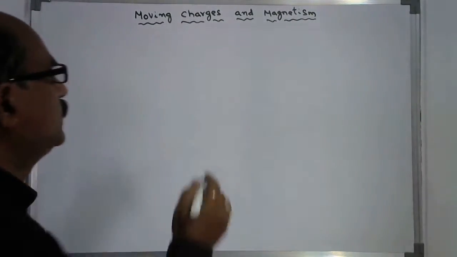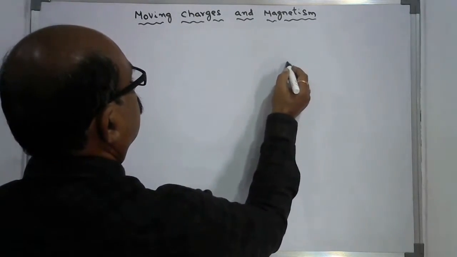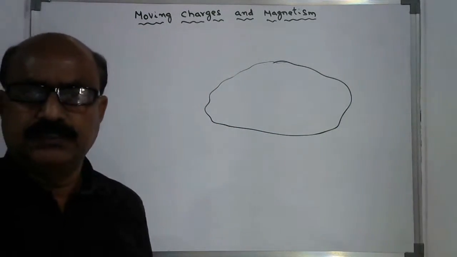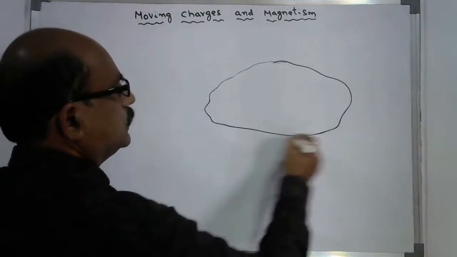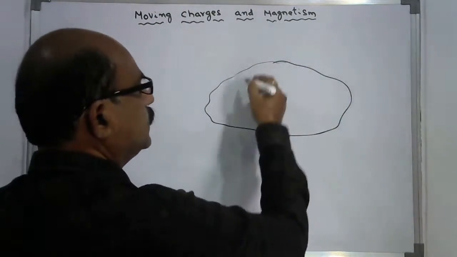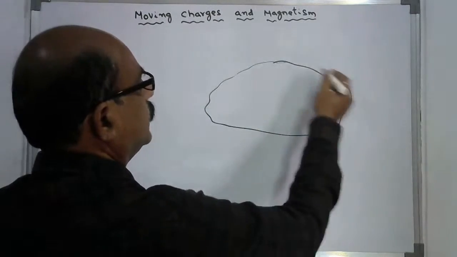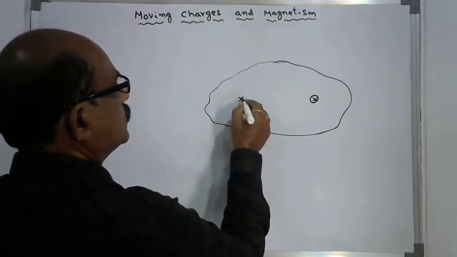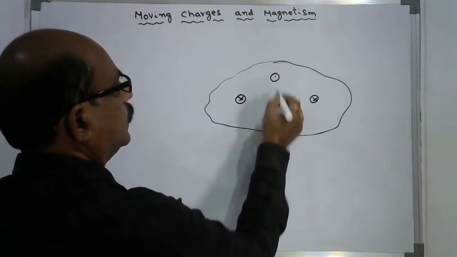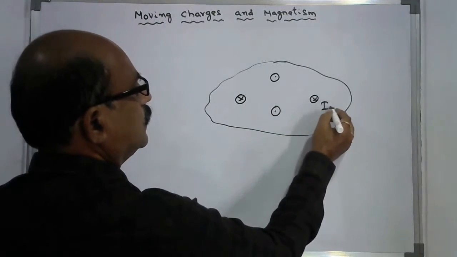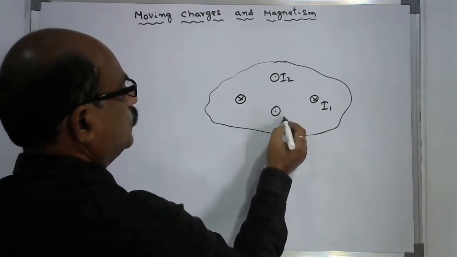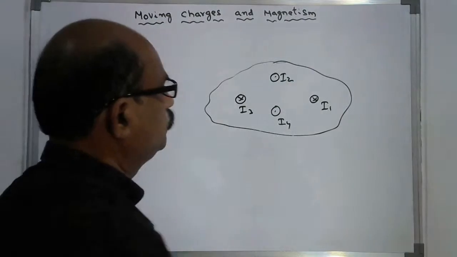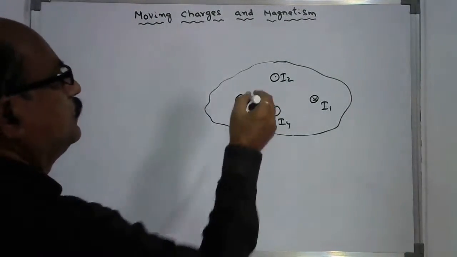Suppose we imagine there is a closed path, and this is the magnetic field line, closed line, and if you consider the currents at different points, say I write here, this is I1, this is I2, and this is I3, this is I4. So there are different conductors.